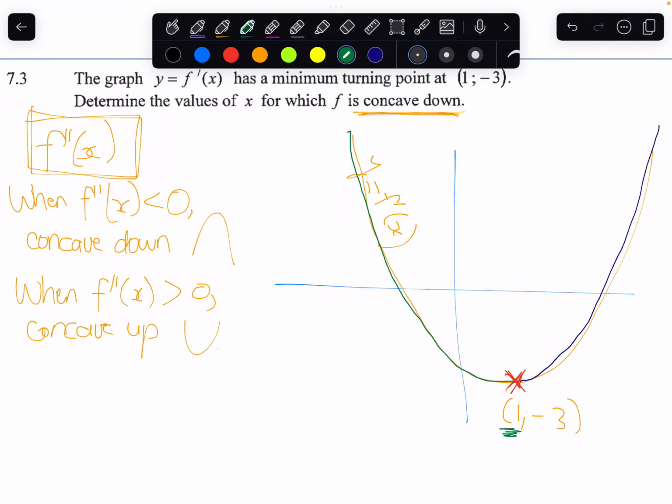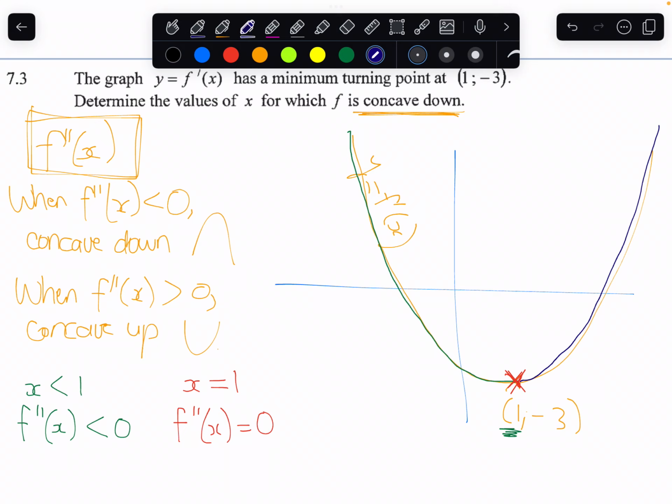So essentially what we're saying is when x is less than 1, the gradient of this graph, which is the double derivative of f, is negative, right? And then when x is equal to 1, the gradient of this f prime x we saw is equal to 0.